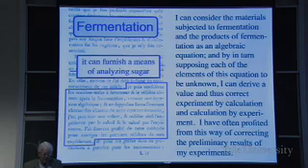Okay? So he can make an equation that the weight on the right and the weight on the left will be the same. Okay, so an algebraic equation. And by in turn supposing each of the elements of the equation to be unknown, I can derive a value and thus correct experiment by calculation and calculation by experiment. So what does he mean by that?